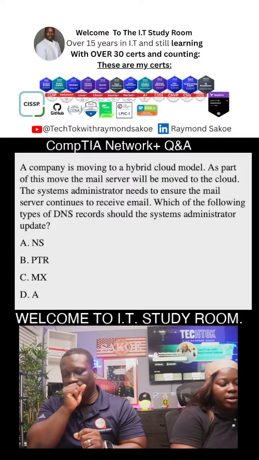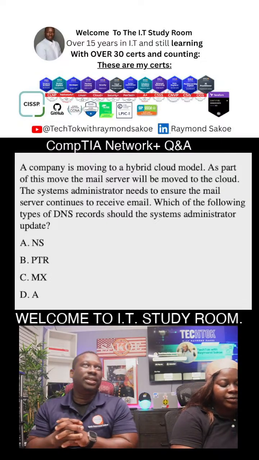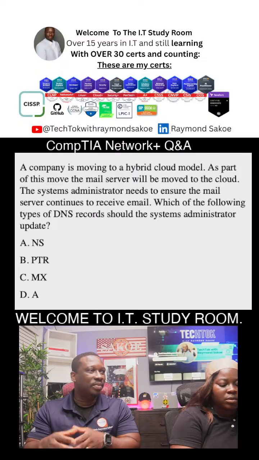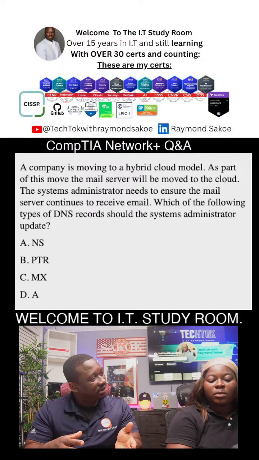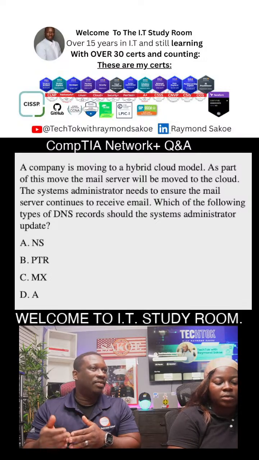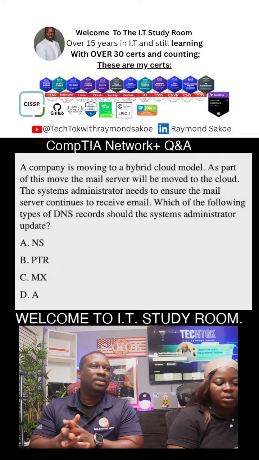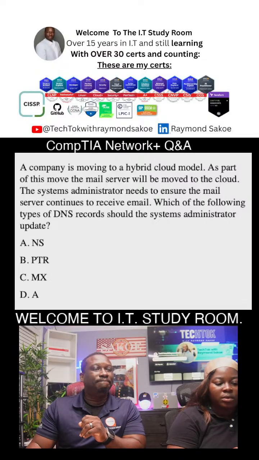Name server is mostly the authoritative DNS server. If you buy your domain from GoDaddy, the name server will be GoDaddy by default, but you can change it. So that is it. What else?